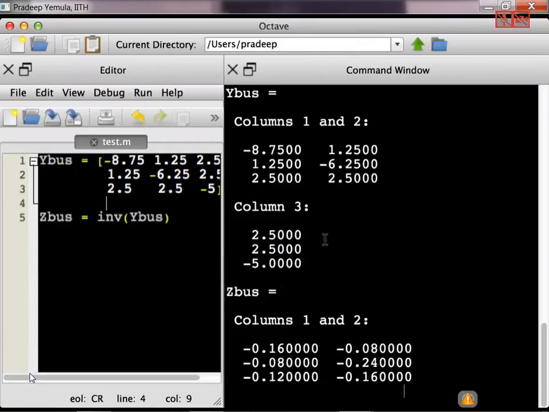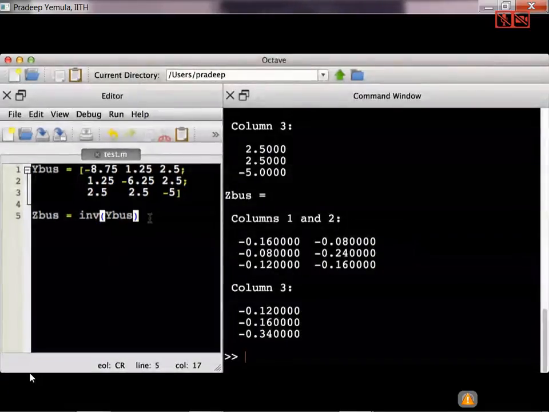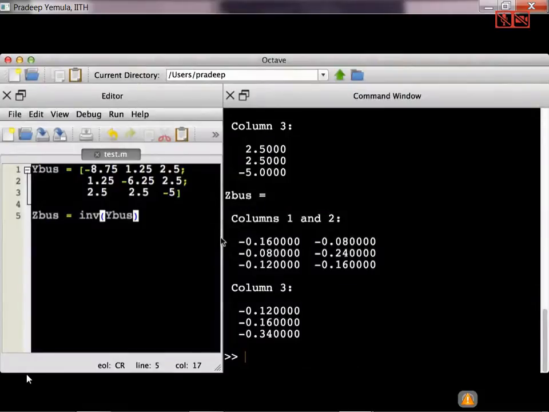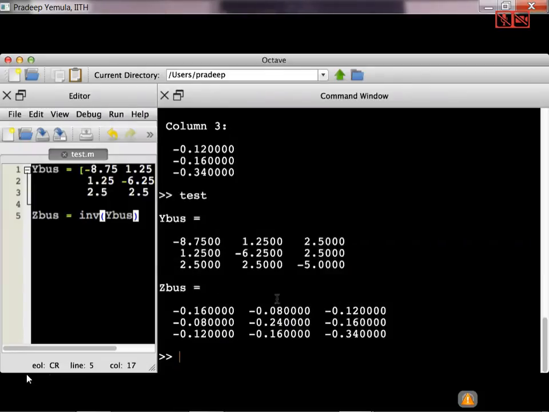So the solution is something like this. Let me run it once again. So finally I'm getting, this is the Z bus.